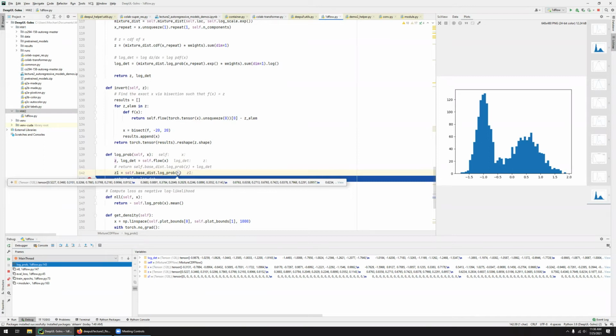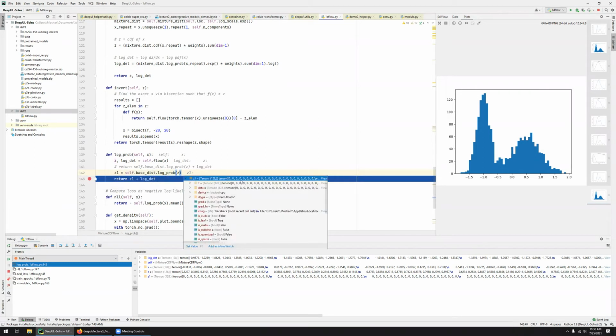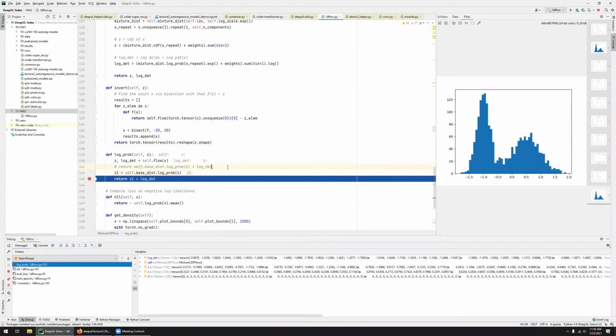Right. So Z comes with a set of values that are non-zero, right? Yeah. But when we take the uniform log probability of Z, it always seems to give 0.